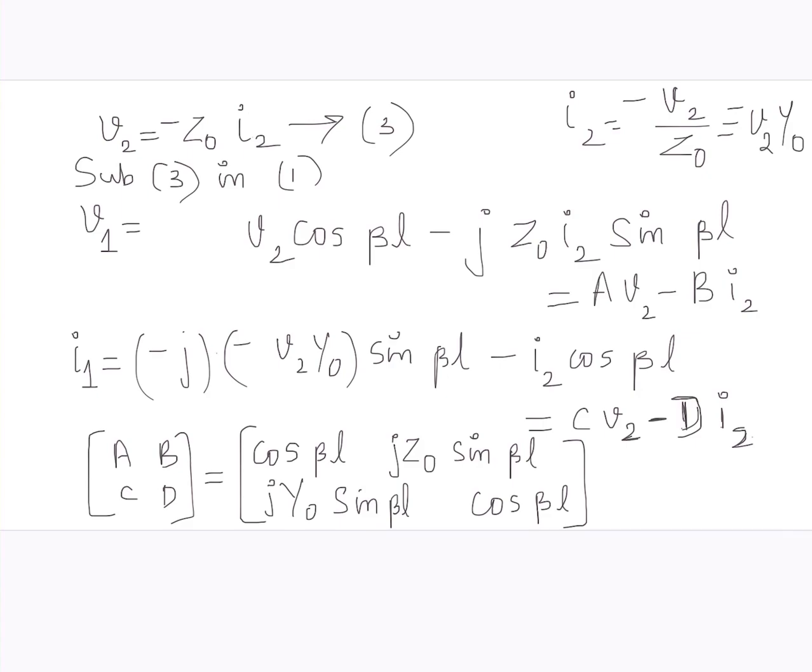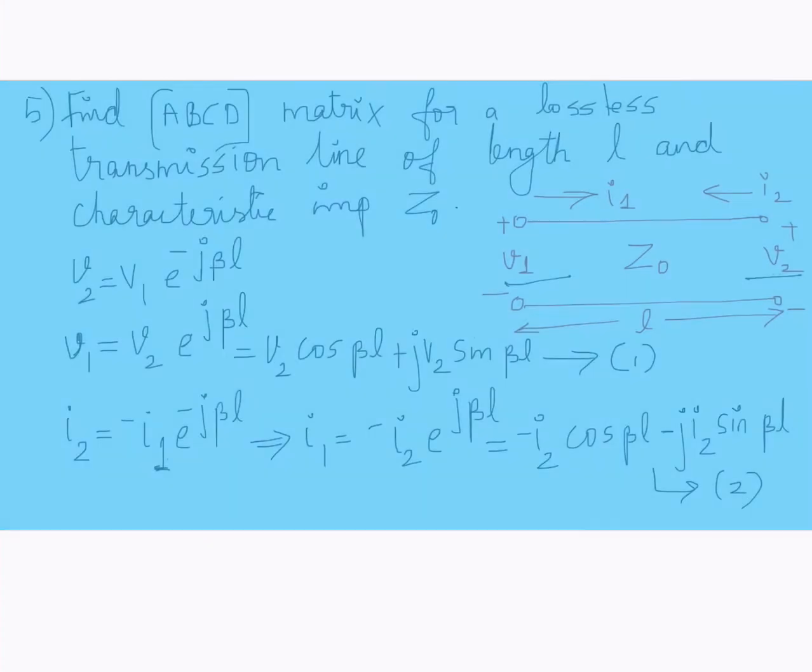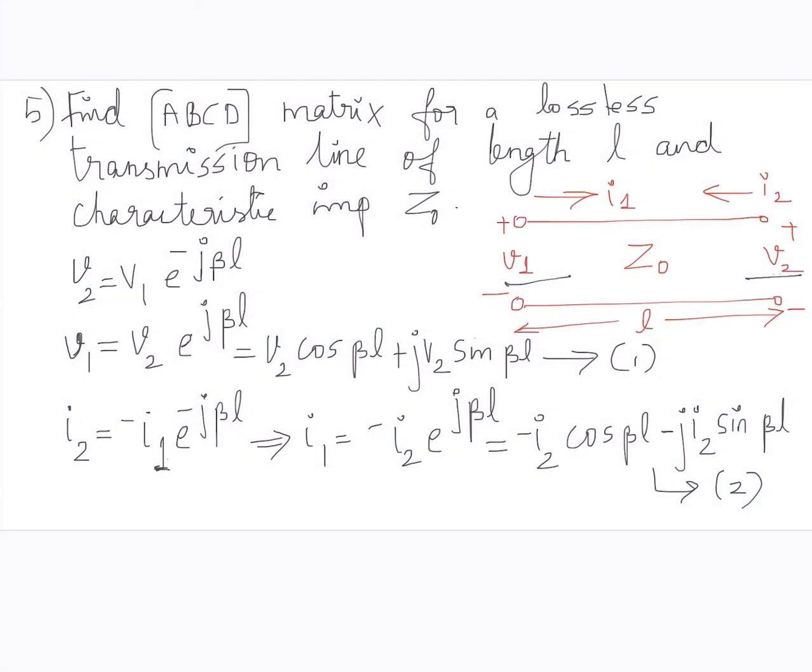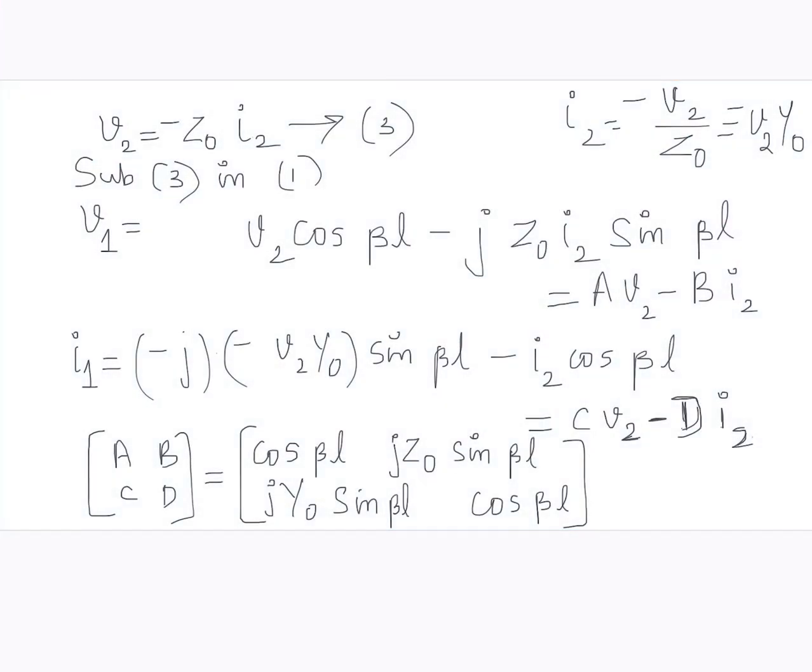We can write the equation for V1; we have to make it in the form of A into V2 minus B into I2. So substitute only where the terms are not matching. Substituting V2 equal to minus Z0 into I2 in equation 1, this will be the expression.